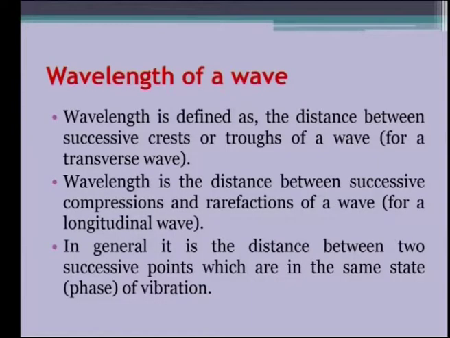If we have a look at the visuals related to wavelength, we will be able to get more understanding of what we have seen as the definition. So, let us see the visuals showing the wavelength of a wave.